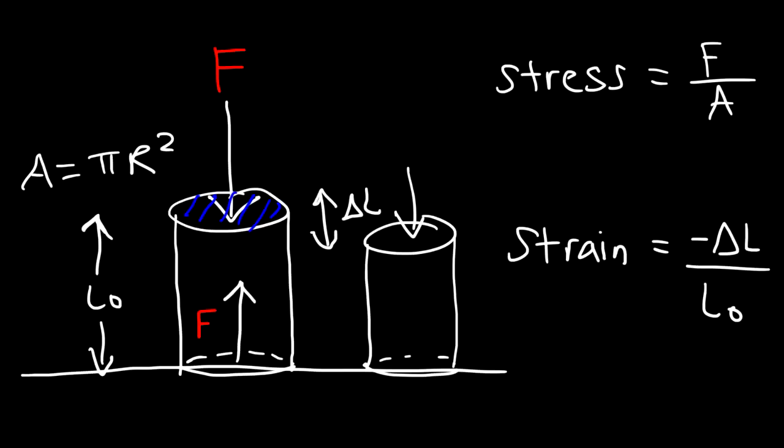Now, you need to be familiar with the maximum stress that an object can have. So, for instance, let's use concrete as an example. The ultimate strength tells you the maximum stress that an object can have without breaking into two parts or breaking into pieces.